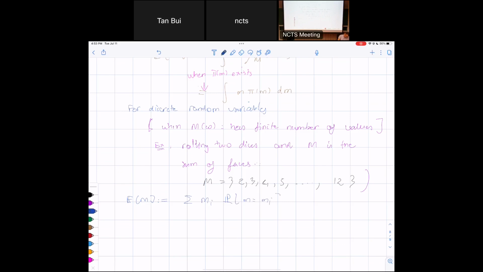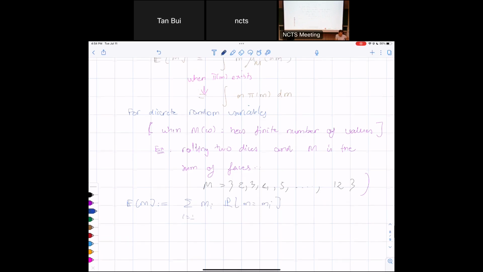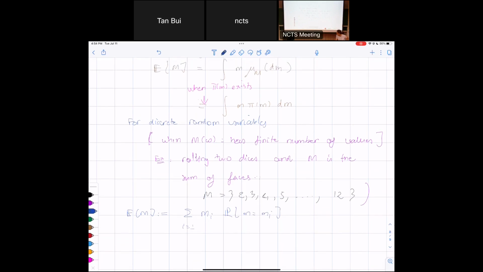So this is a discrete way to define the expectation.